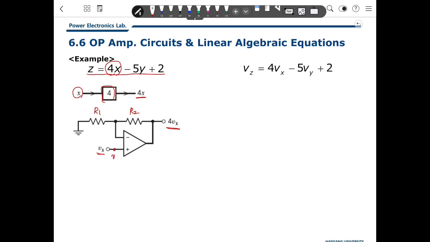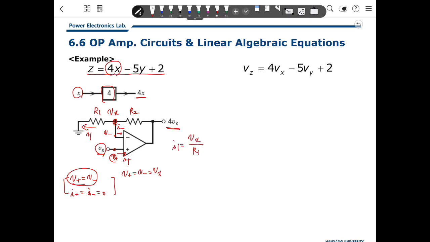We define V positive and V negative, and the currents I positive and I negative. So V positive equals V negative, and I positive and I negative are 0. Based on here, we know V plus equals V minus, but V plus is Vx, so this value is Vx. So the current is I1, so I1 is Vx divided by R1, and flows through R1 to here. Why? Because I negative is 0.